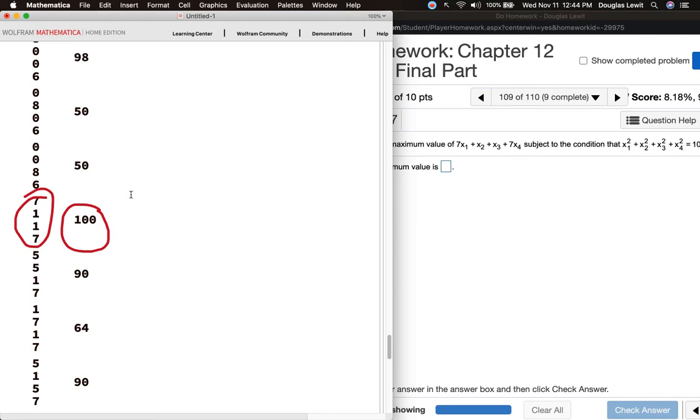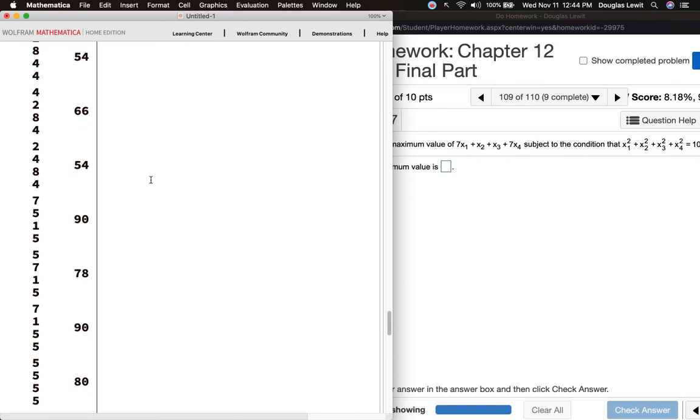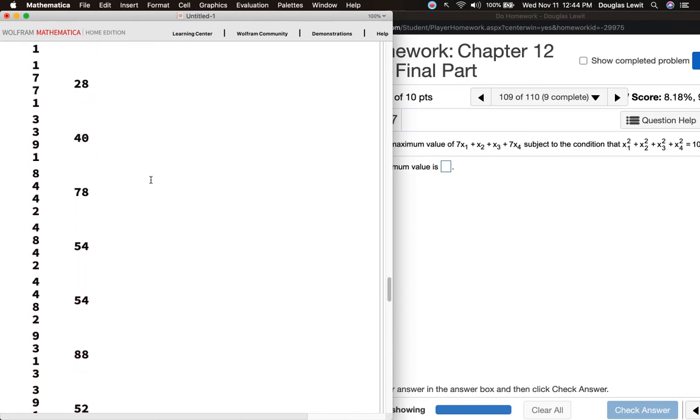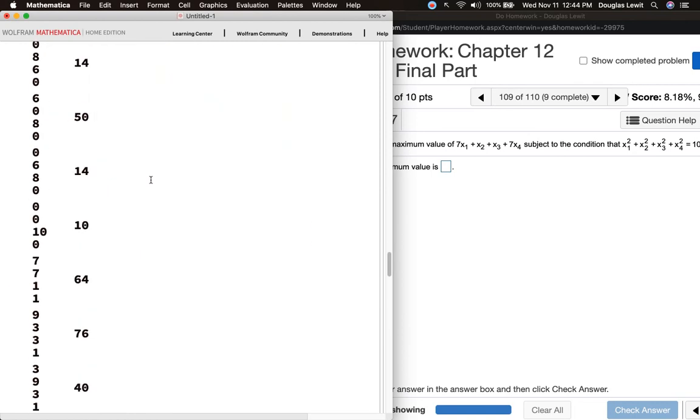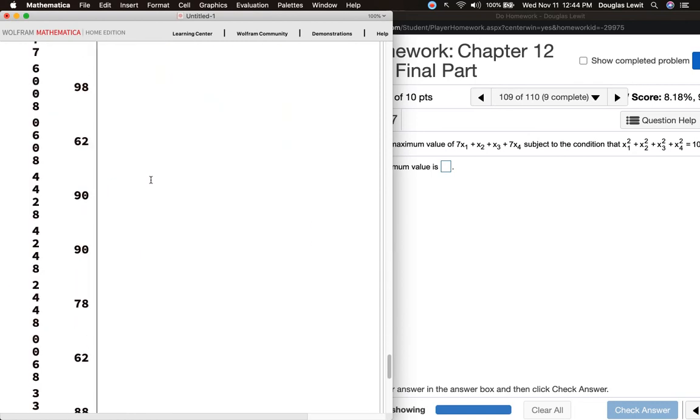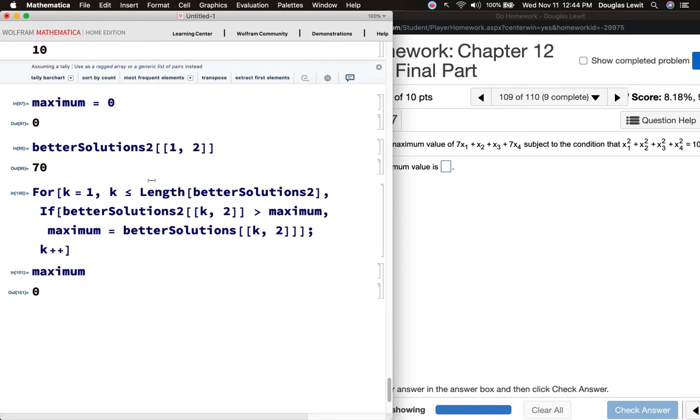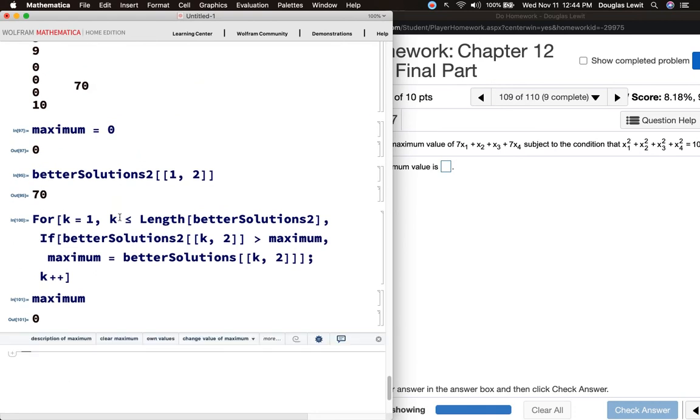Let me do that again. Okay. So yeah, it looks like all the numbers are less than 100. Although I should still be able to officially find that with Mathematica. So why this is giving me a hard time, I don't know.